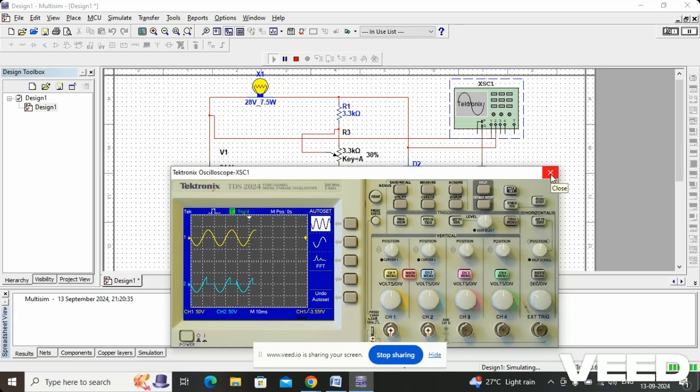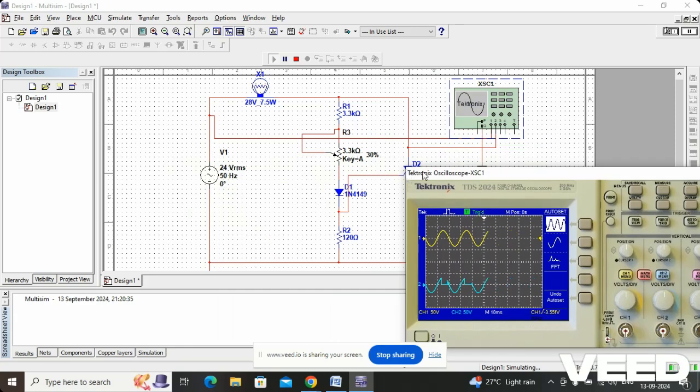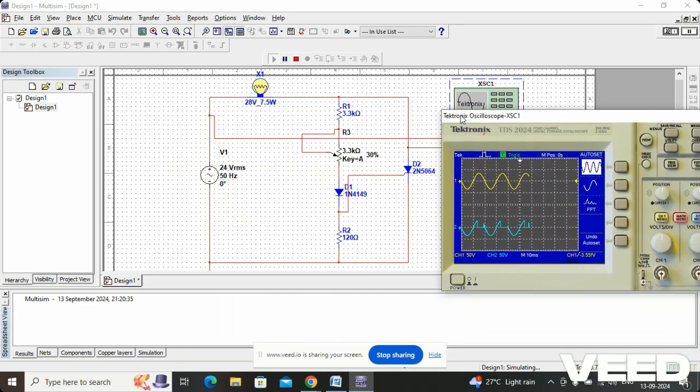You can take a snapshot over it, and this is the input waveform, and this is the thyristor voltage. You are getting the thyristor voltage across here, and this is basically the R and RC firing circuit for an SCR.